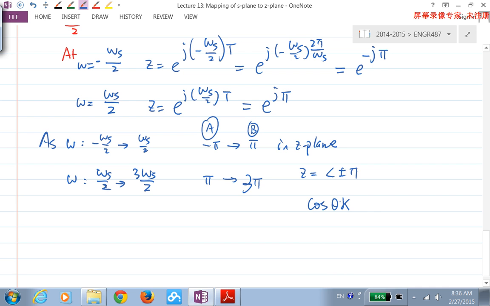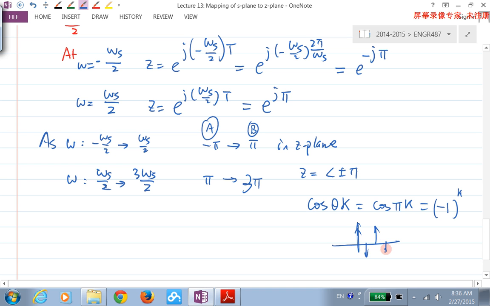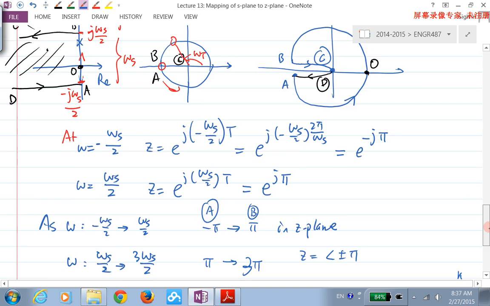So if theta equals pi, it's cosine k pi. And what is cosine k pi? Negative 1 to the power of k. So the response is essentially going up, going down, going up, going down. Up and downs like this. So that's the nature.